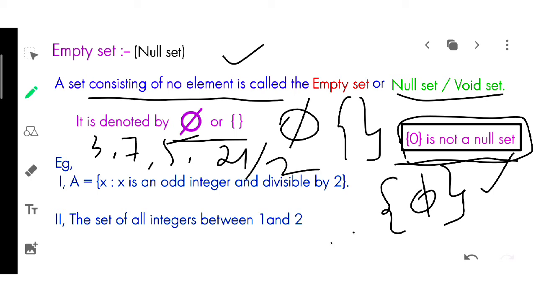It has only decimal values, but it won't divide exactly. That type of set is called a null set. And the set of integers between 1 and 2, without any decimals, fractions or rationals, has no numbers. So in that case also we have the null set.